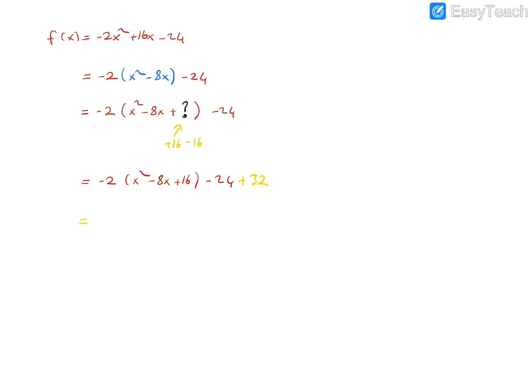So as a result, we obtain minus 2 times x minus 4 squared. This is x minus 4 squared directly. Let's recall: x minus a squared equals x squared minus 2ax plus a squared, or x plus a squared equals x squared plus 2ax plus a squared.